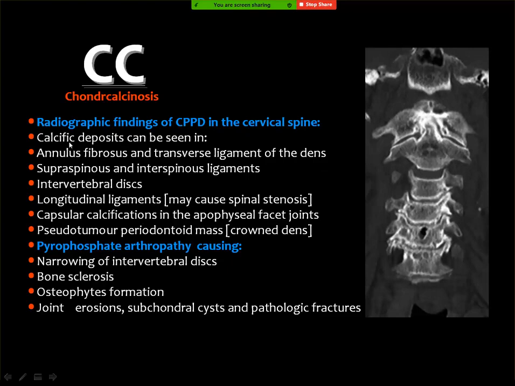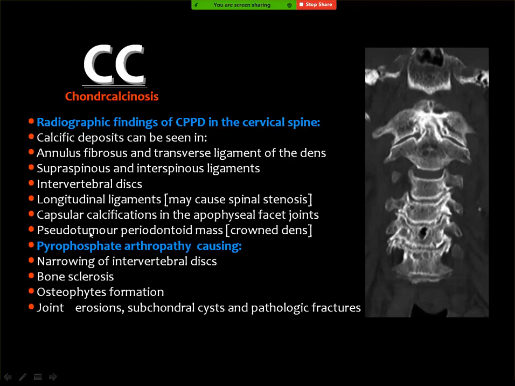You get calcific deposits in the annulus fibrosus, in the transverse ligament of the dens, in the supraspinous and interspinous ligaments, in the intervertebral disc, in the longitudinal ligaments, and capsular calcification of the apophyseal joints.